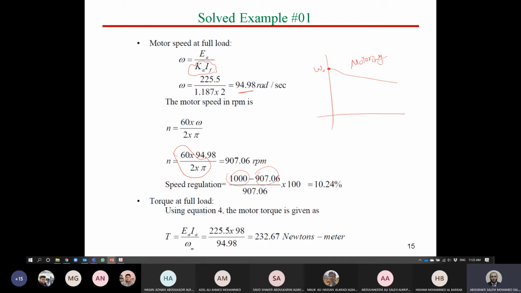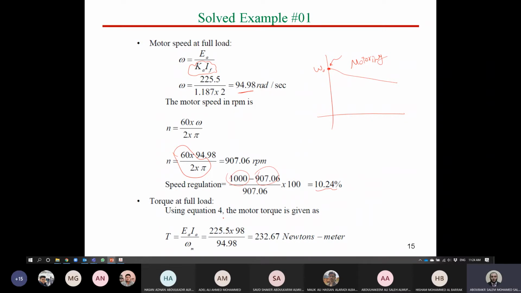So we can consider here, شباب, the no load speed of DC motor similar to the motor synchronous speed. So we could calculate the value here of speed regulation. It's 10%. This is considered as a relatively high value by the way. Okay, and the well-designed motor should have smaller speed regulation.